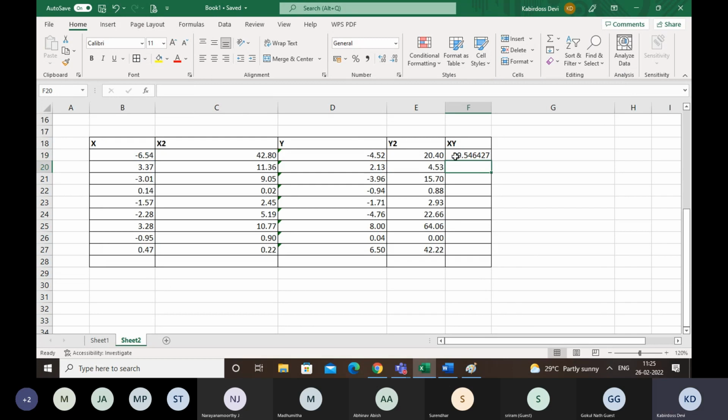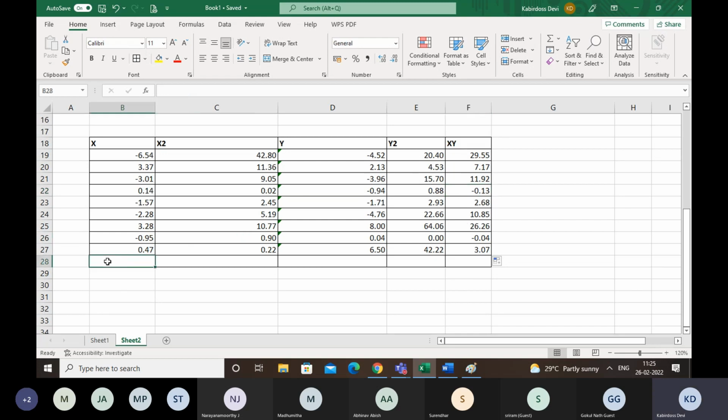Again I just want 2 decimals. Okay, so I just drag this. So this is my xy value. Here it is negative and here it is negative, so negative and negative become positive. So all the signs, that is the beauty of Excel. Okay, now this is the value I got.